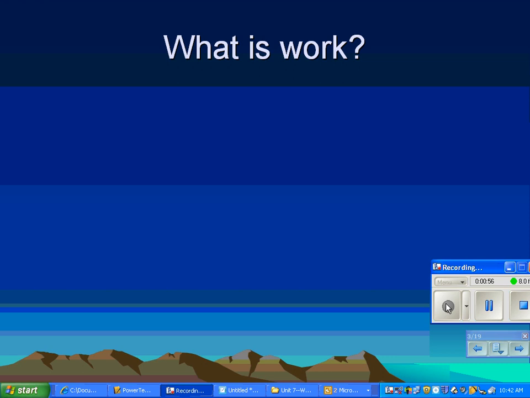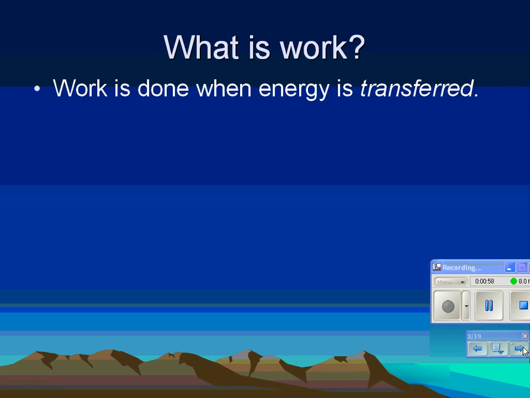In physics, we'll talk about it a little bit more specifically, but the idea behind work is that when you do work, you transfer energy. Energy is being transferred either from one place to another or from one object to another when work is done. So work and energy are these interchangeable concepts.